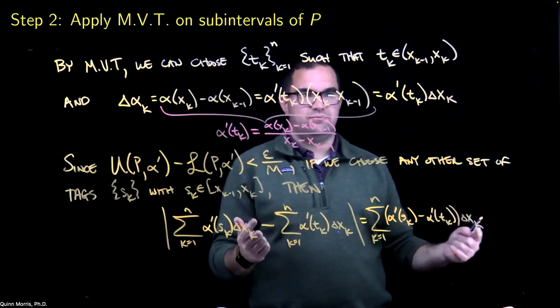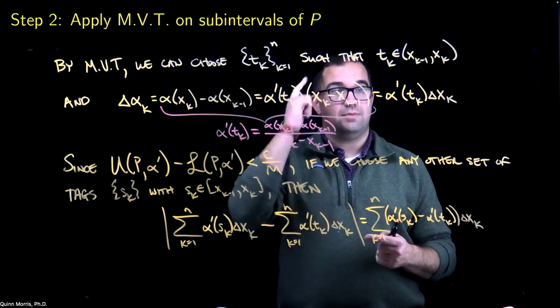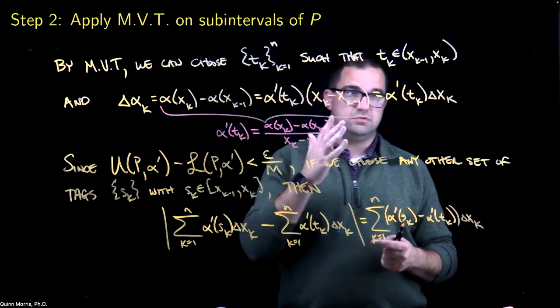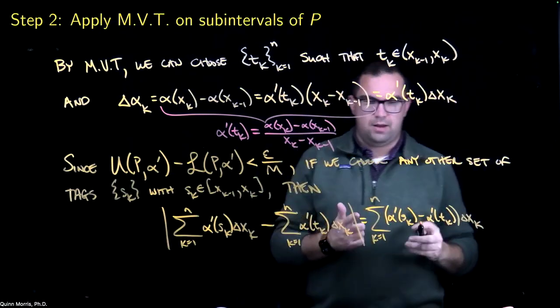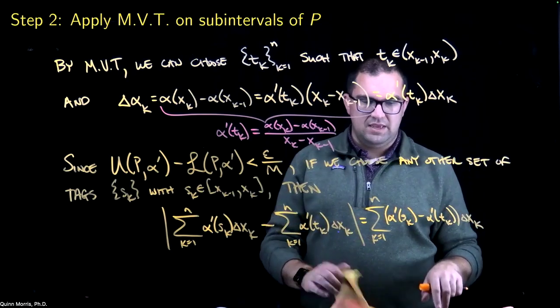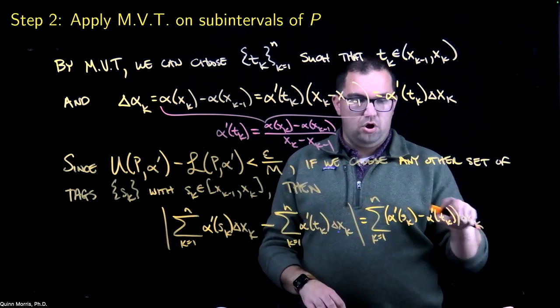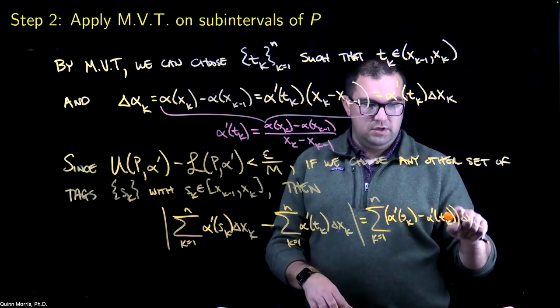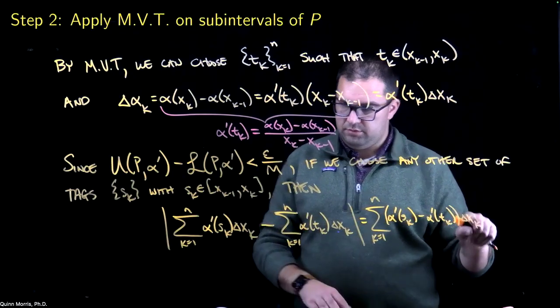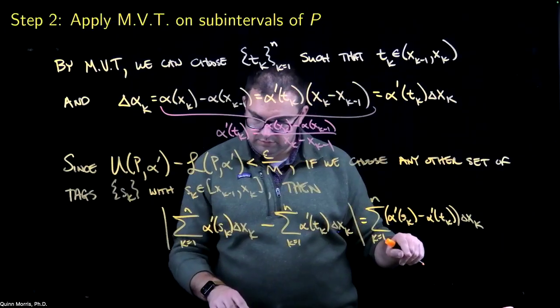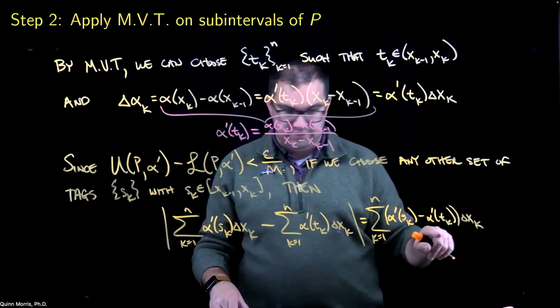If I push absolute values inside a sum, you might normally think triangle inequality, which is smart. And you could apply triangle inequality here, but that would actually cause you a problem. If you will notice, this term right here is positive.